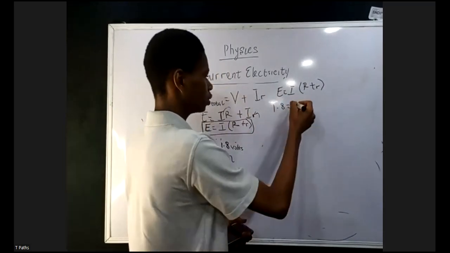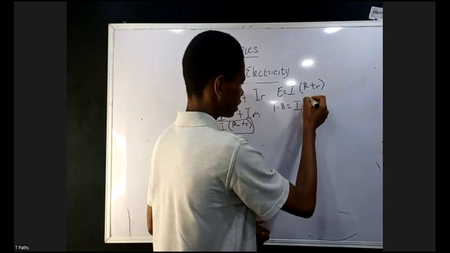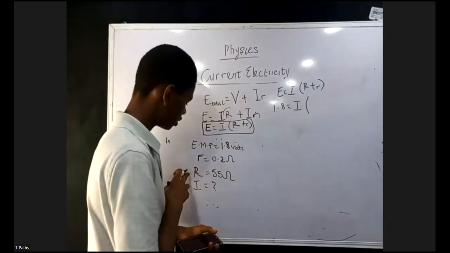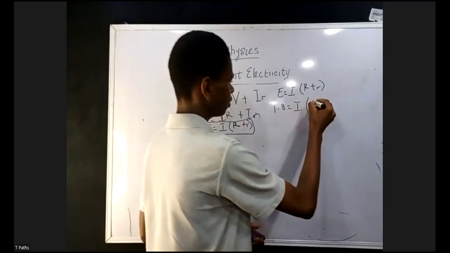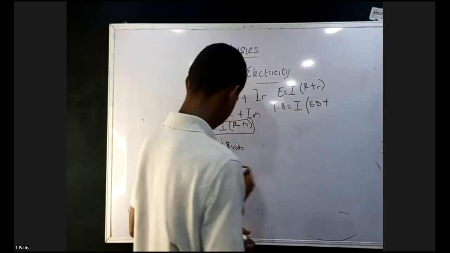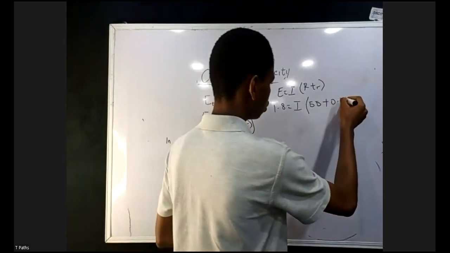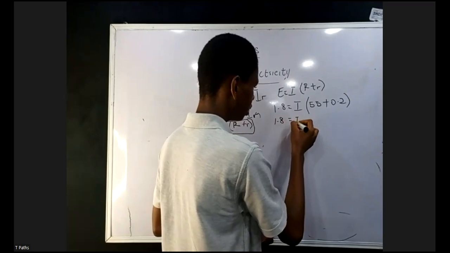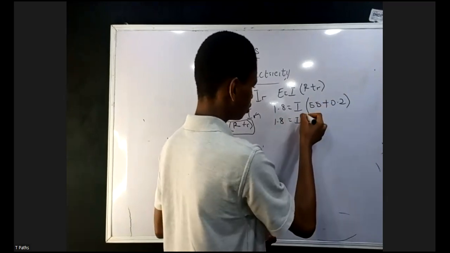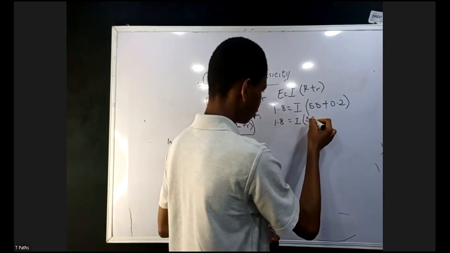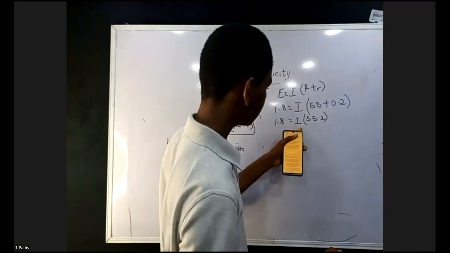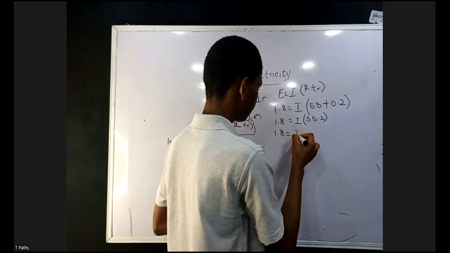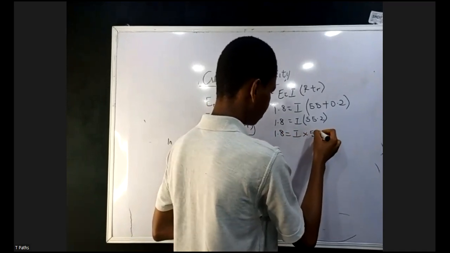My electric current is unknown, so I write it as I. And then my external resistance, capital R, is 55, plus my internal resistance, 0.2. So I'll add this up: 1.8 is equal to I. When I add 55 plus 0.2, I'll have 55.2. So 1.8 is equal to I times 55.2.